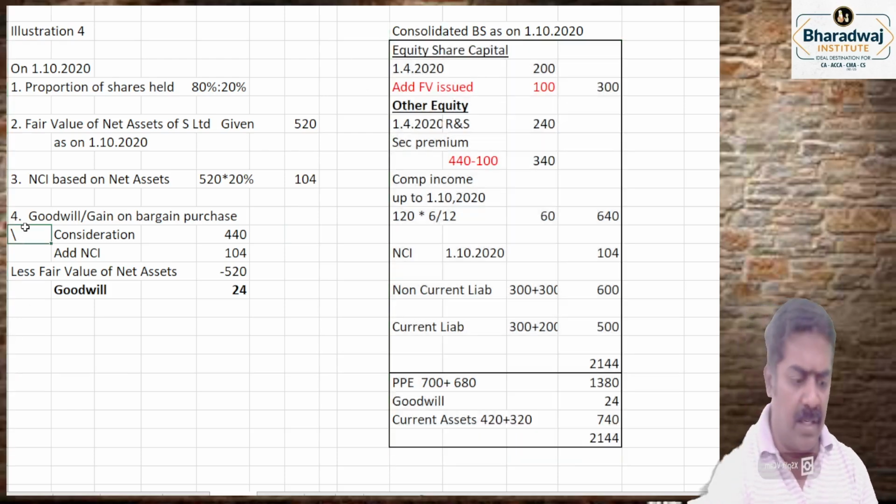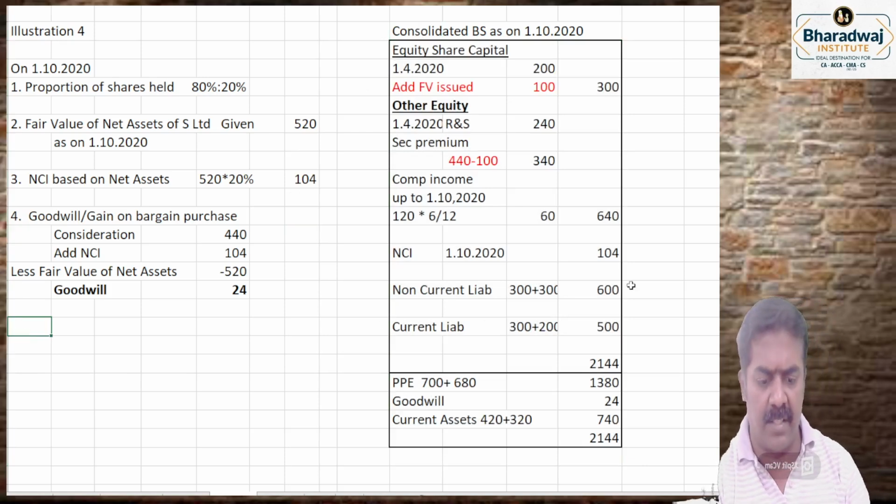Before we go for the consolidated balance sheet at the end of the year, what is the next step we have to work out? Post-acquisition profit we need to work out. Try it.